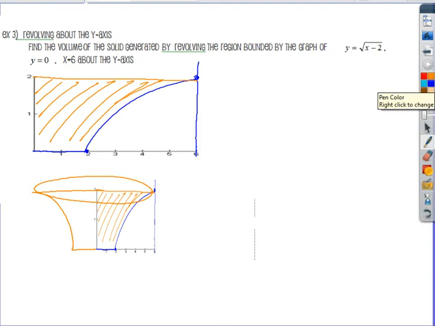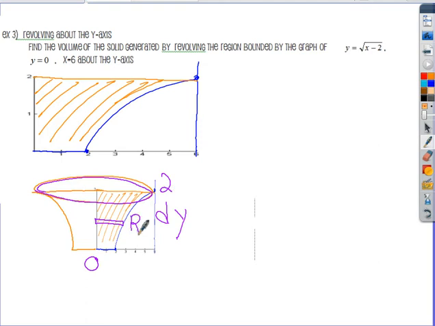Now, in terms of what I would do, I would then look at it and say, well, if my circles are going this way, then my representative rectangle would go this way, which now makes it a dy problem. My y values are going from bottom value of 0 up to a top value of 2. Other things I know, if I'm doing a dy problem, we can label these right and left. And pretty much I have everything that I would need.